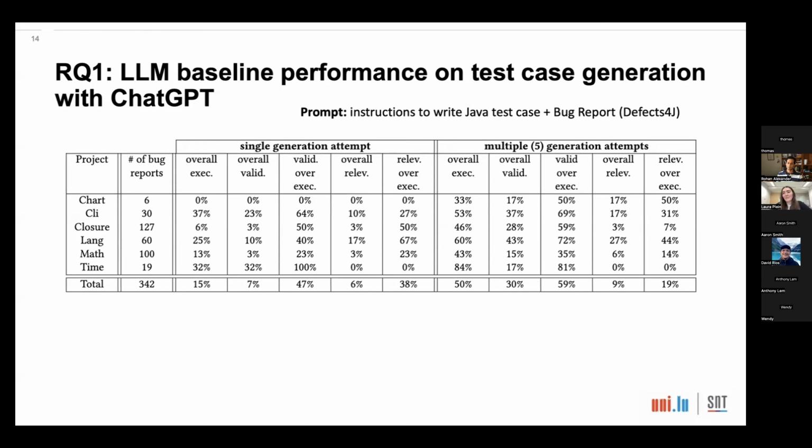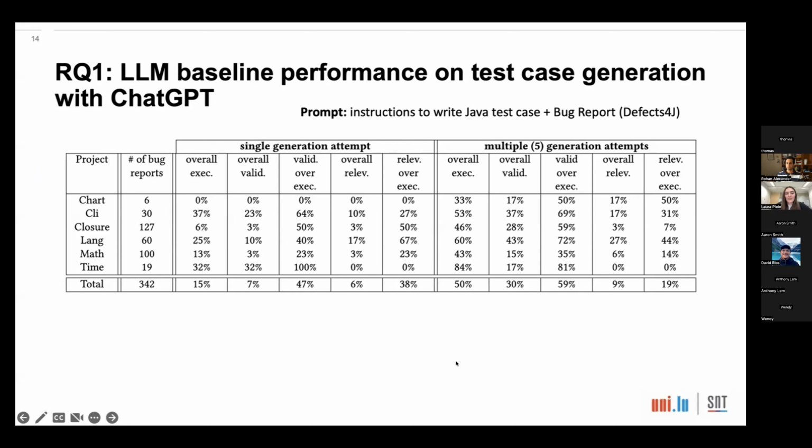But if we did multiple iterations and asked ChatGPT, for example, 5 times to generate a test case, we already got an executability score of 50%, which was already quite interesting since they are quite complex software projects. So we were happy to have 50% executability.